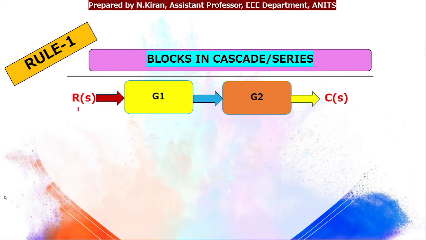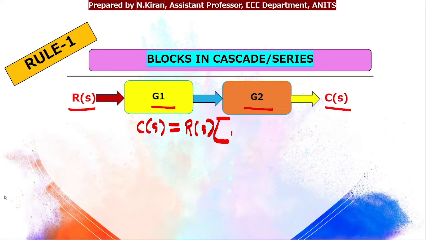Here the input is R of S, the output is C of S. These two blocks have the gain G1 and G2. In this case I can write C of S is equal to the input R of S getting multiplied by G1 and G2.